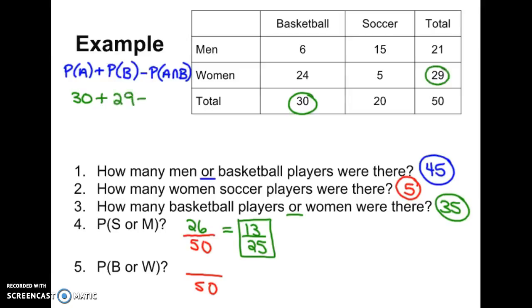And again, I'm going to subtract where they overlap, because there are women that play basketball. So women that play basketball is right here. That's 24. So that should give me that total. So 30 plus 29 minus 24, and I end up getting 35. So 35 people actually fall into that category. And if you reduce that fraction, that ends up being 7 over 10.